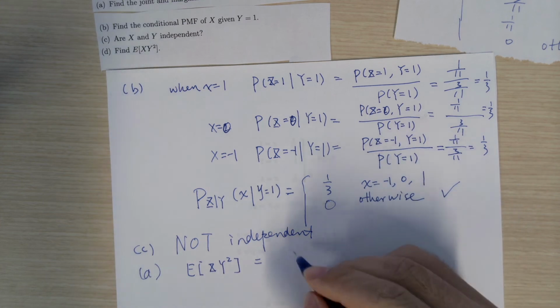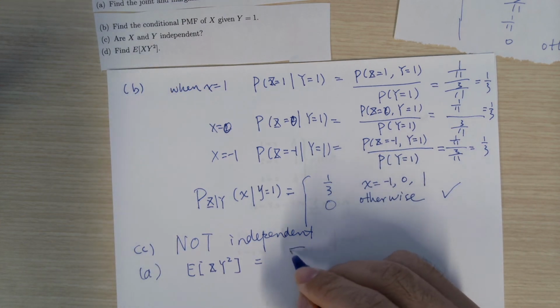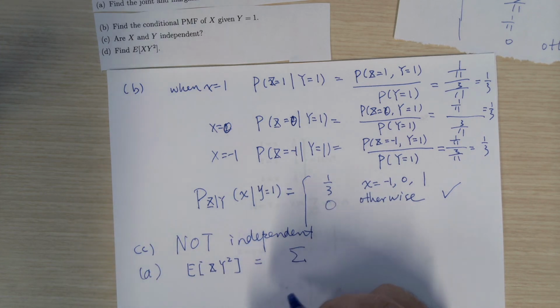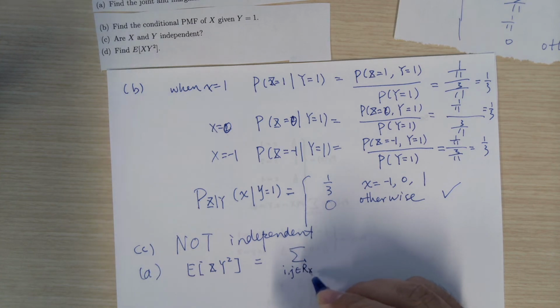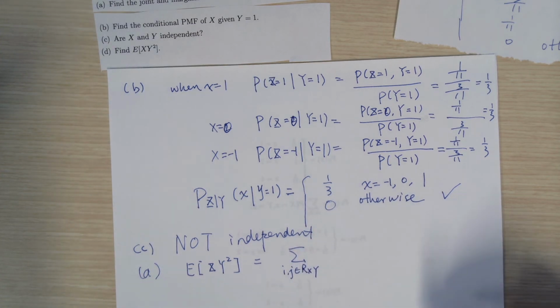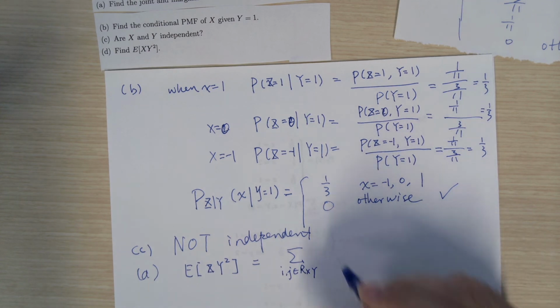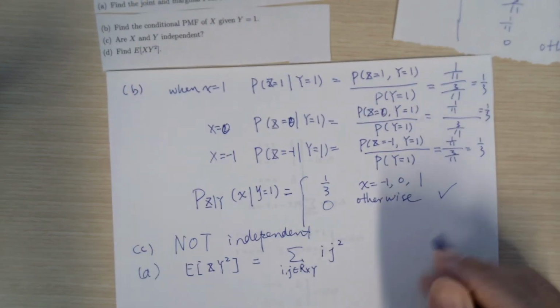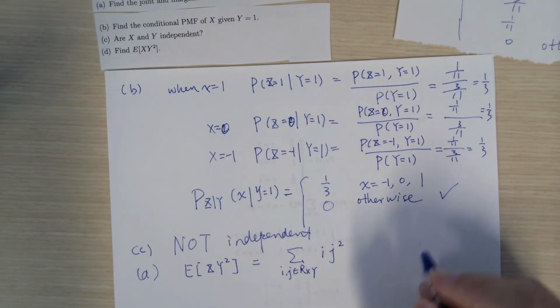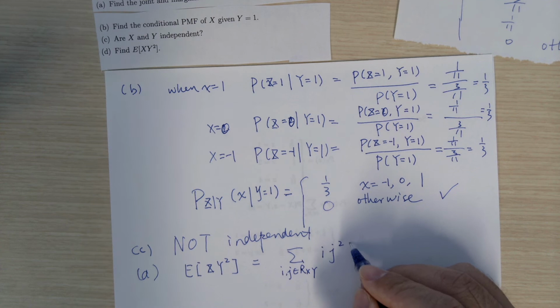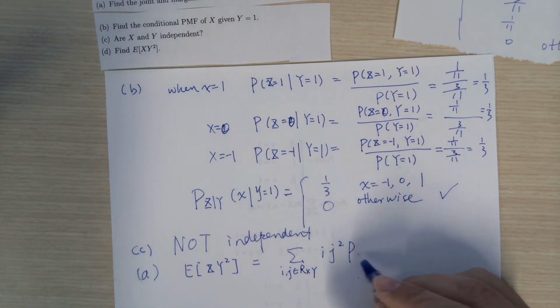As you can see, this is the summation over i, j belonging to the range C here, of i times j squared, times the joint probability.